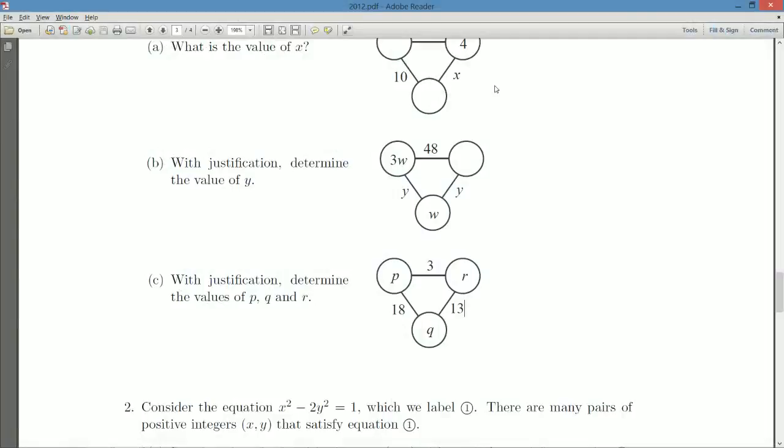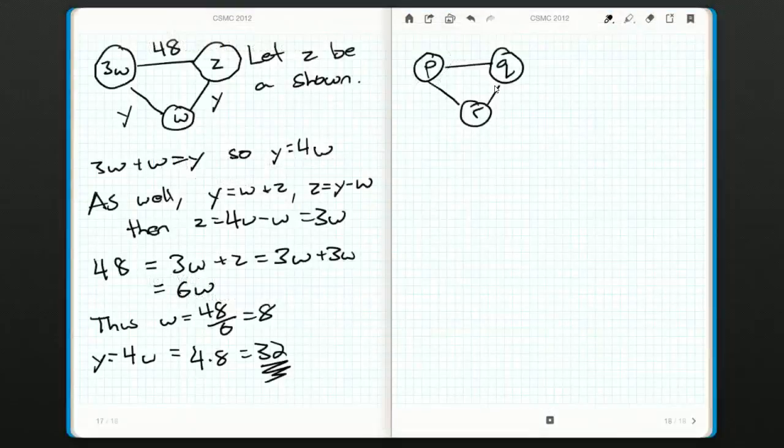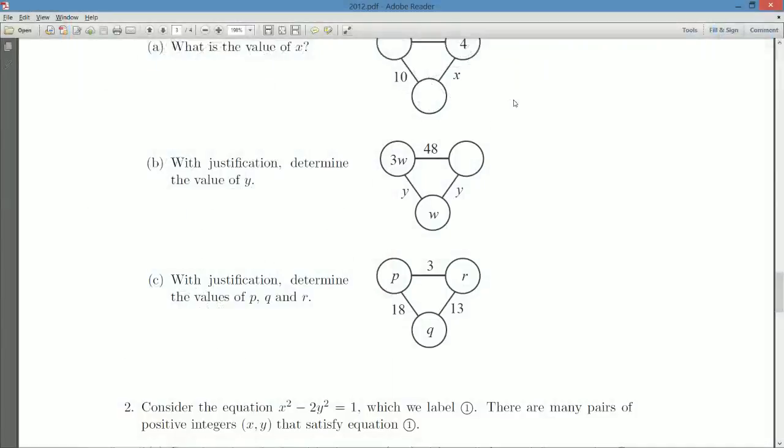Q's at the bottom. So we must correct this. Otherwise, we will get a wrong answer. We have a 3 at the top, an 18, and a 13, but we'll just double check because I don't want to make any more errors. Okay, we're good to go.